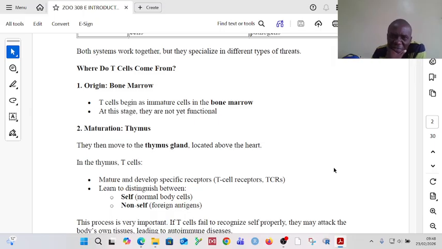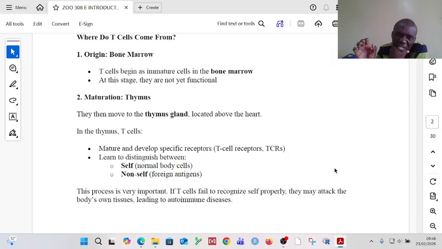That process of distinguishing between self and non-self is a very important stage in immunology, because if T cells fail to recognize a normal body cell from a foreign antigen, then they will end up attacking the body's own cells and tissues. Once this happens, then we end up with what we call autoimmune diseases.